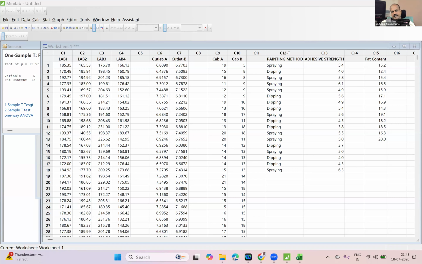How many suppliers do you maintain? Yeah, we may take 5 suppliers, for example. Okay, 5 suppliers. And let us say you are buying the ingot only.